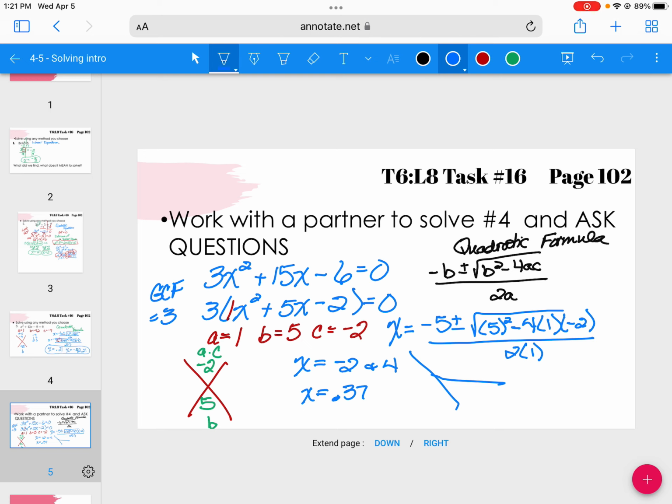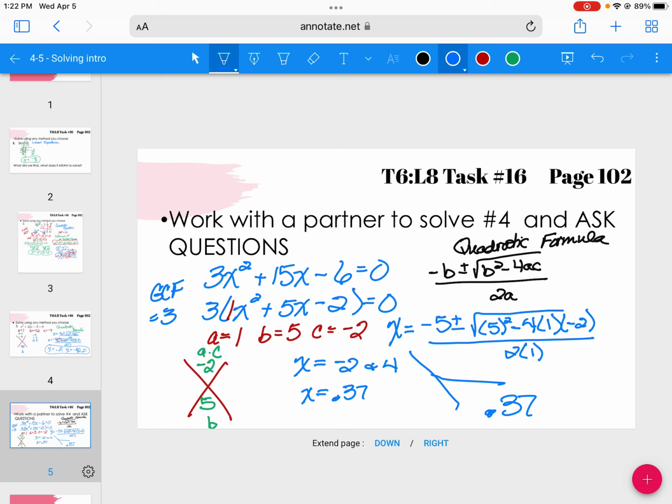Plus square root of 33, equals divided by 2. Yep, I got 0.37 still. Okay. That's really weird. All right, that is for the positive. So it should be 0.37 for the first one.